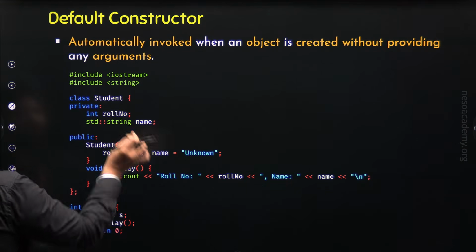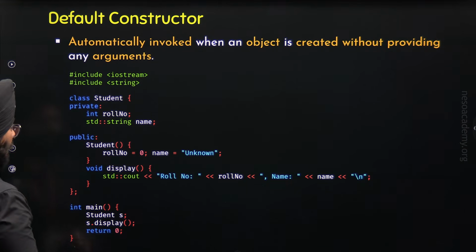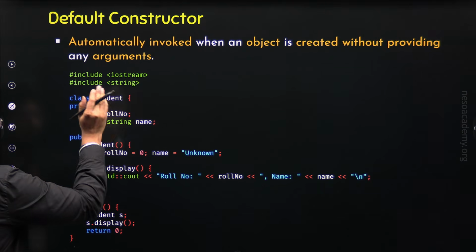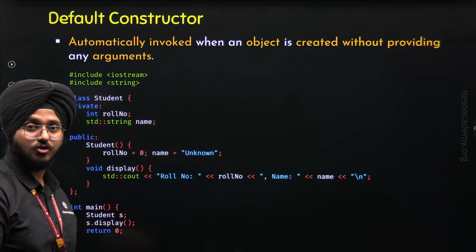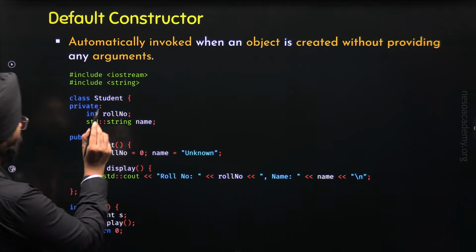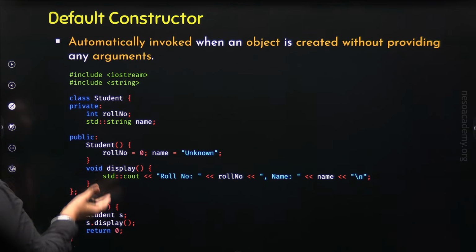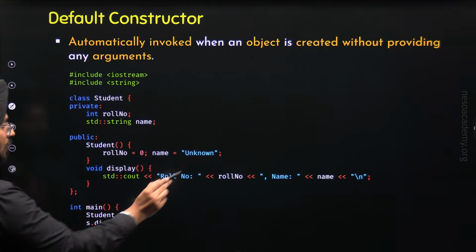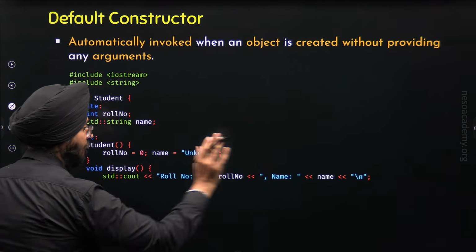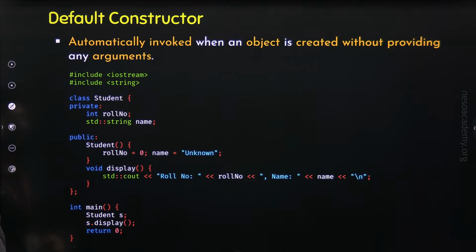So, through the default constructor, we can provide default values to private members via an object. We do not have to call this function explicitly. It will be called when we will create the object of this class. Here is the member function display with return type as void. This allows us to display roll number and name in a specific format on the screen.